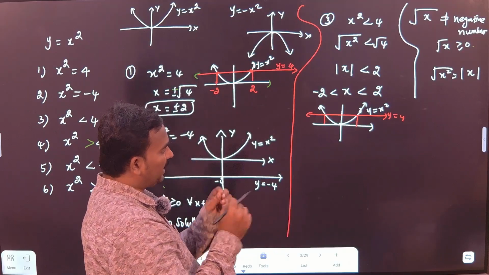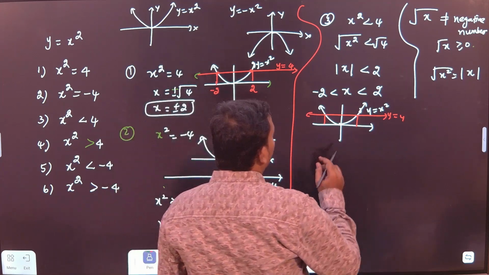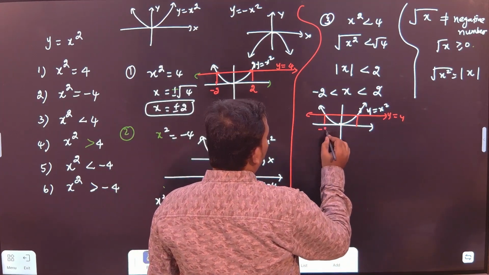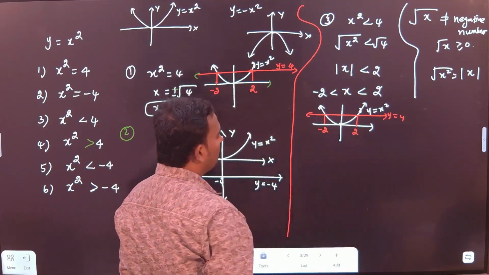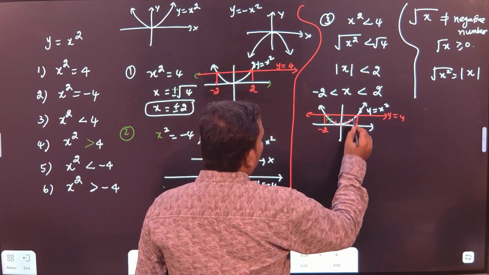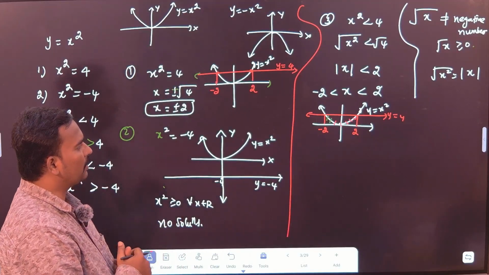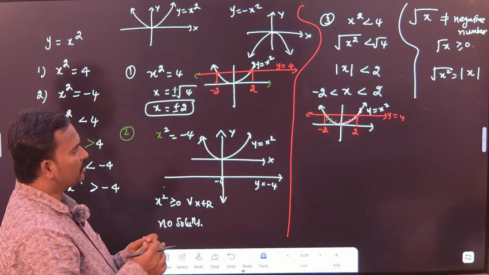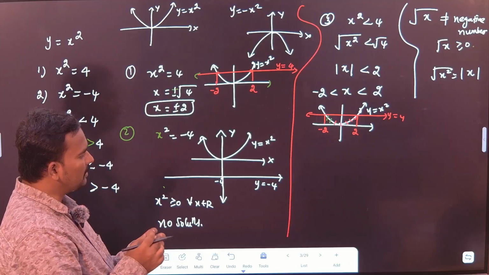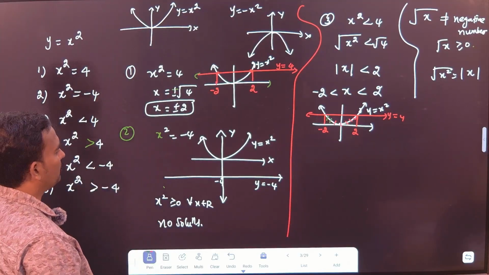That means you should not take y is equal to 4, right? So that means only x values from minus 2 to 2 are possible and satisfy the condition. Understand? From minus 2 to 2 you can take any value. Clear? X square should be strictly less than 4 means x you can take from minus 2 to 2.